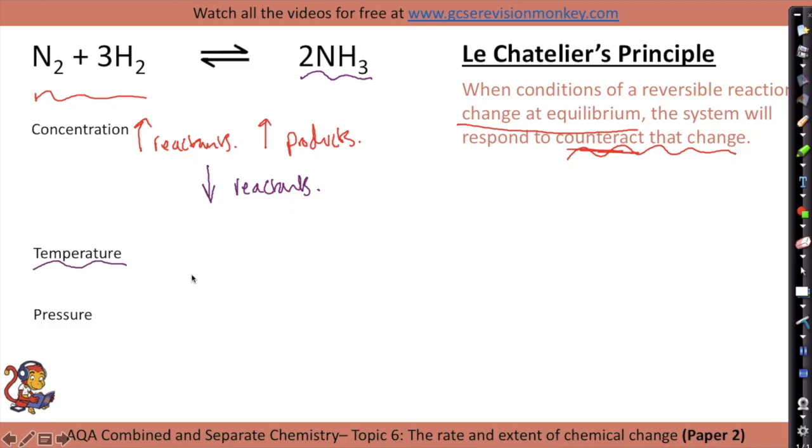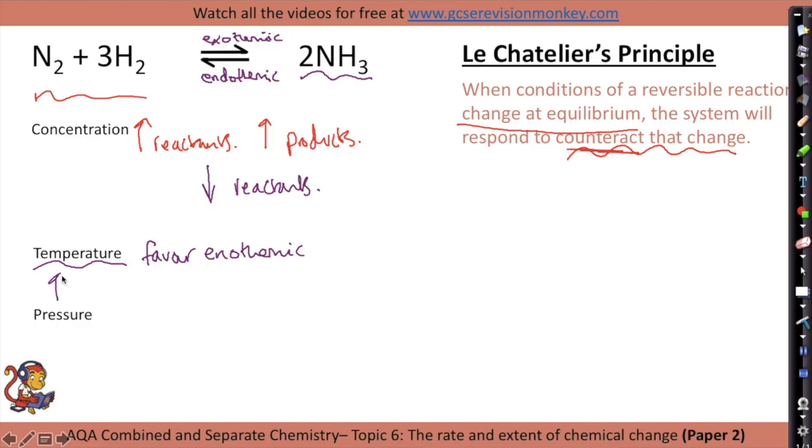As far as temperature, an increase in temperature will always favour the endothermic reaction. Like we said before, one way is endothermic and the other way is exothermic. So in this reaction you can see on this side there's one thing breaking down. So this way this time is the endothermic reaction, and therefore the opposite is exothermic.